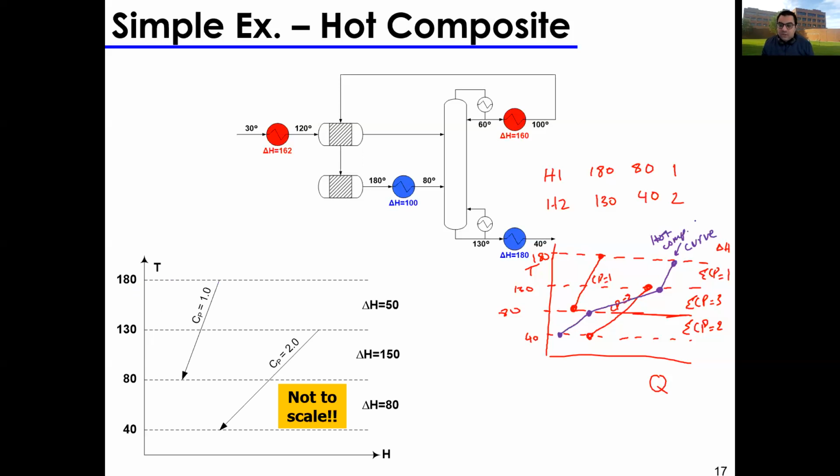So in this case, there are 180, 80, 130, 40, 180, 130, 80, 40, and I just draw my streams from the starting point to the final point with a slope equivalent to the CP value. So this is H1, this is H2, and I take note of the delta H, or basically what's more important is the summation of CP, right?